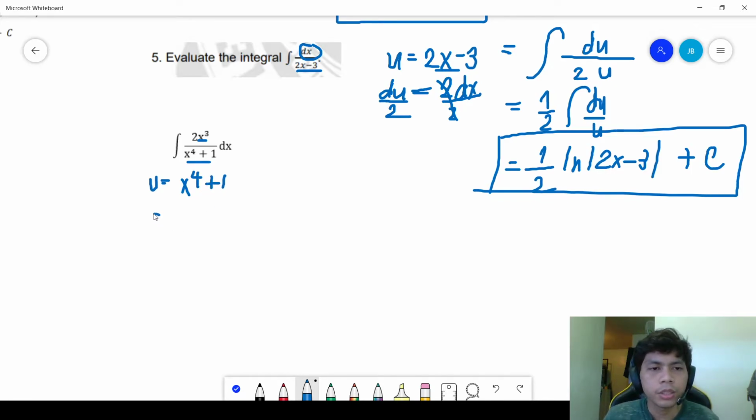Okay, so your du will be 4x cubed dx. But the problem here is that you only have 2x cubed dx, while this is 4x cubed dx. So what we should do is divide both sides by 2.